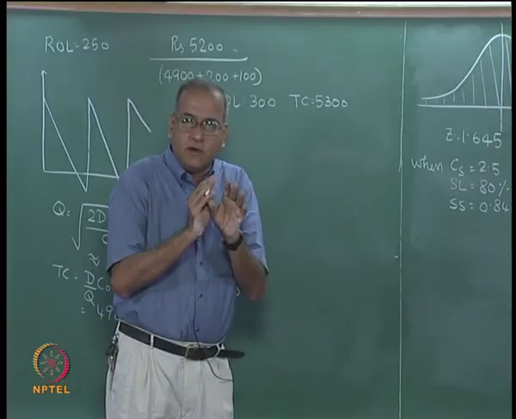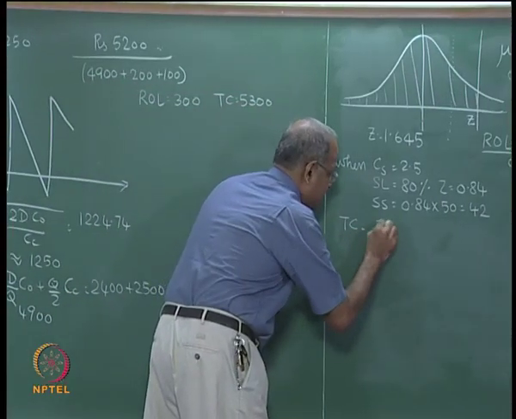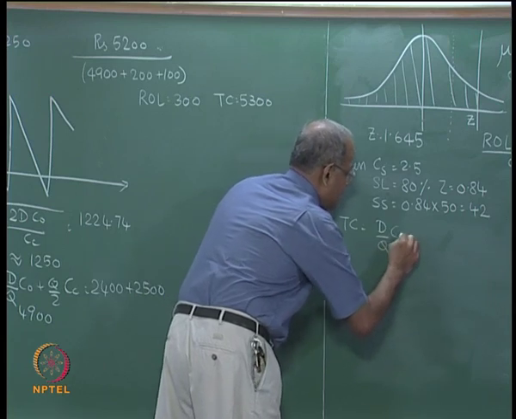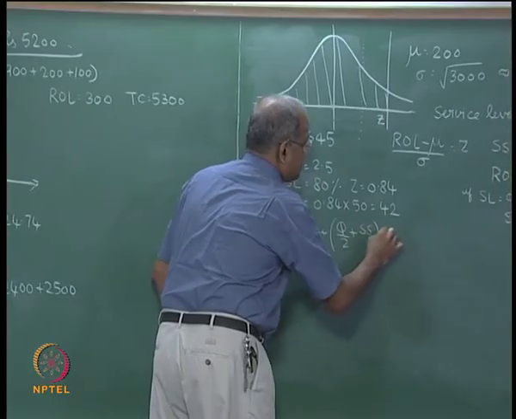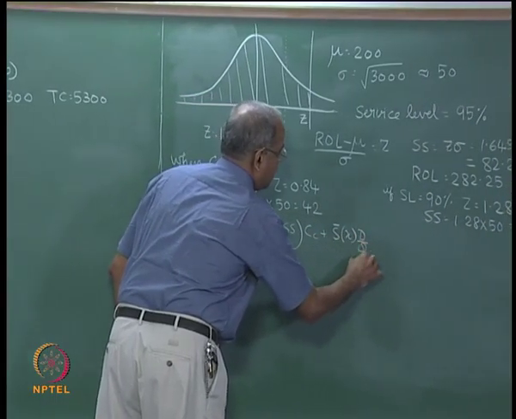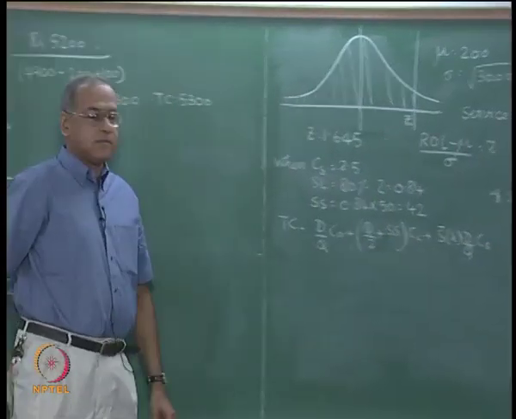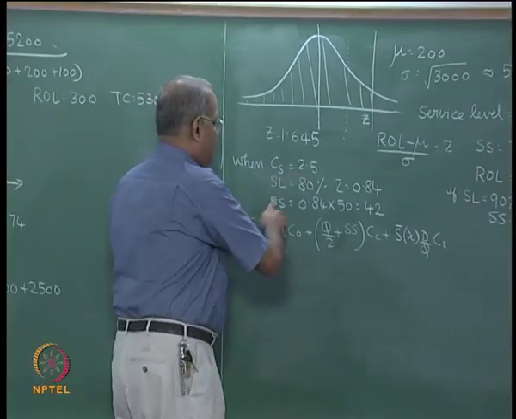Now, we have to find out the total cost. Total cost, as I said, has three components: d by q into C naught, plus q by 2 plus SS into Cc, plus S bar of x into d by q into Cs. Let us do this calculation, because we have found the best value of safety stock.